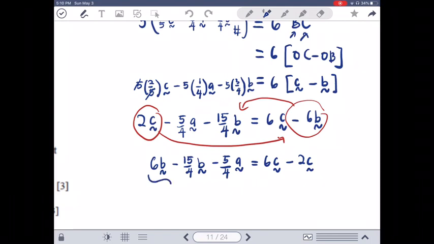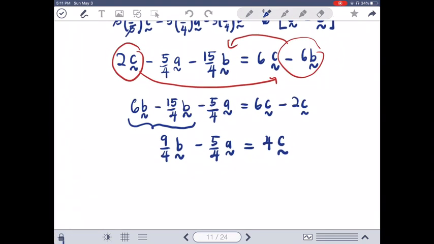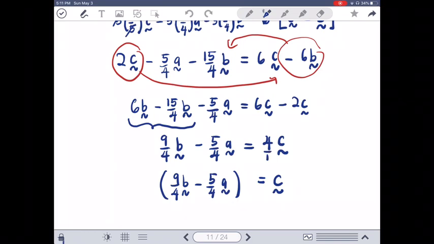So you should get here 9 over 4 B minus 5 over 4 A equals 4C, right? So C is equal to 9 over 4 B minus 5 over 4 A multiplied by 4 over 1. If you bring it to the left hand side, it becomes 1 over 4.